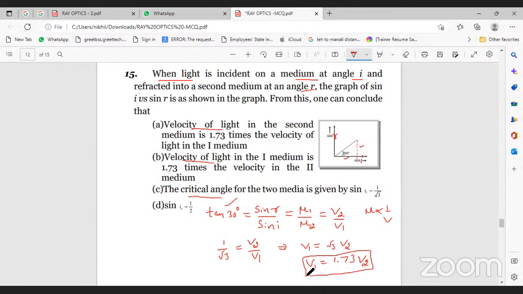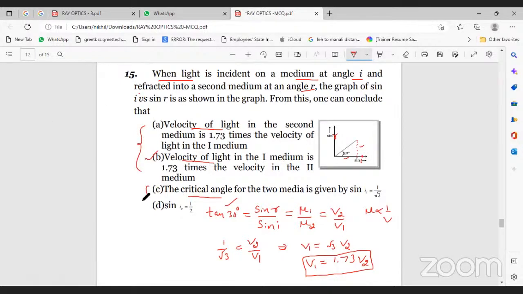So the velocity of the first medium is 1.73 times the velocity of the second medium. So among A and B, option B is correct.